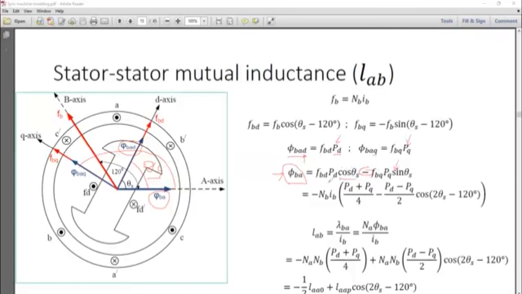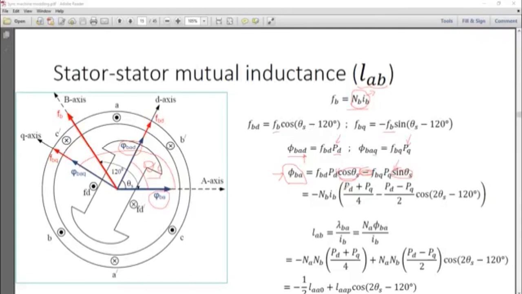Like in the previous case, this part, cosine theta S and minus sine theta S, is the same as the part we discussed for LAA in the previous slide. Then you just do whatever we did in the last slide. You replace everything, whatever you know. So FB, you replace NBIB here.